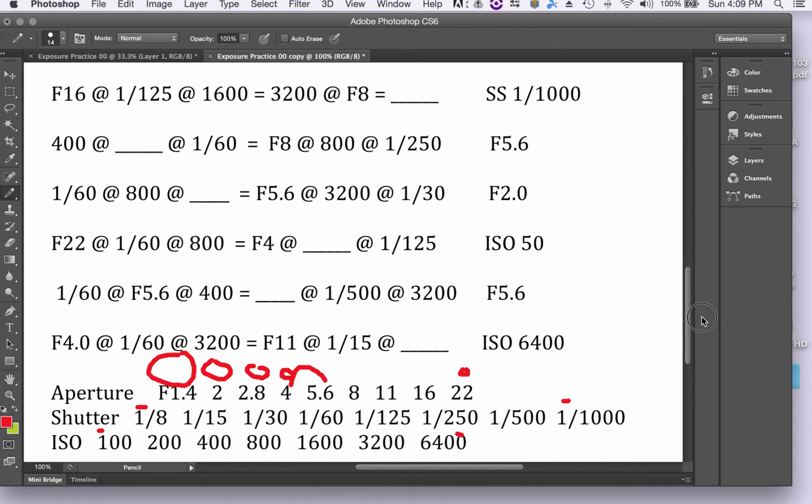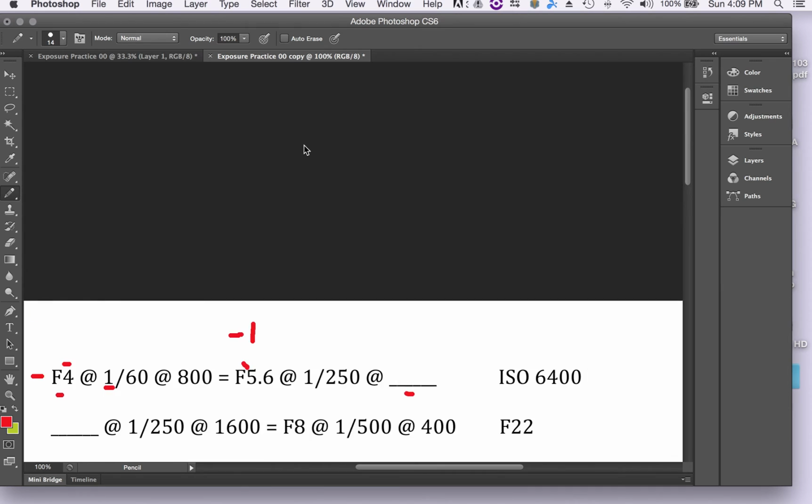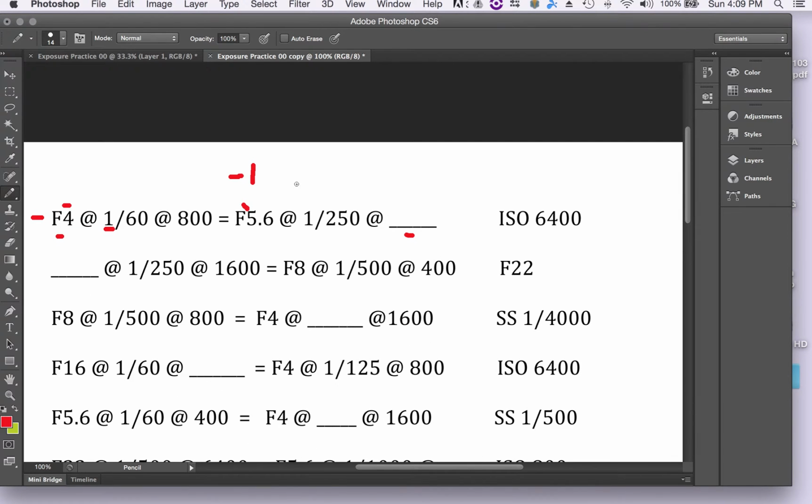And we know that if we go down here and we look, you start at shutter speed of 1/250, it's 2 stops difference. So in this case, a -2 for a total of -3. So what you need to do is you need to compensate on your ISO by +3, right? So that this side equals this side.